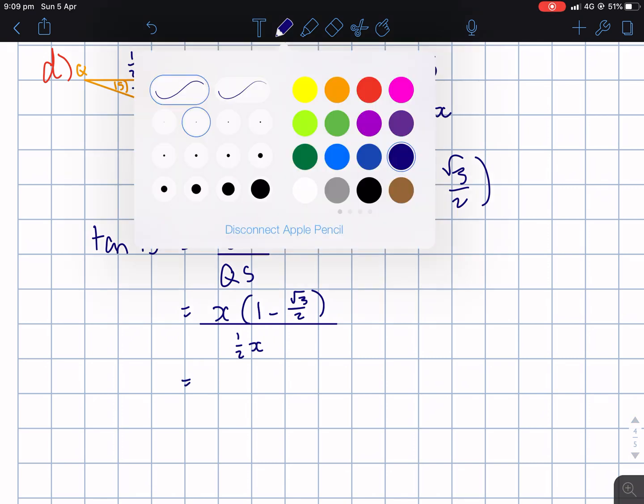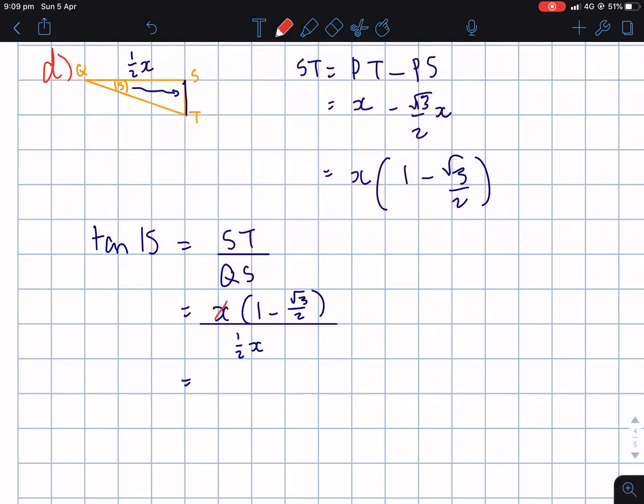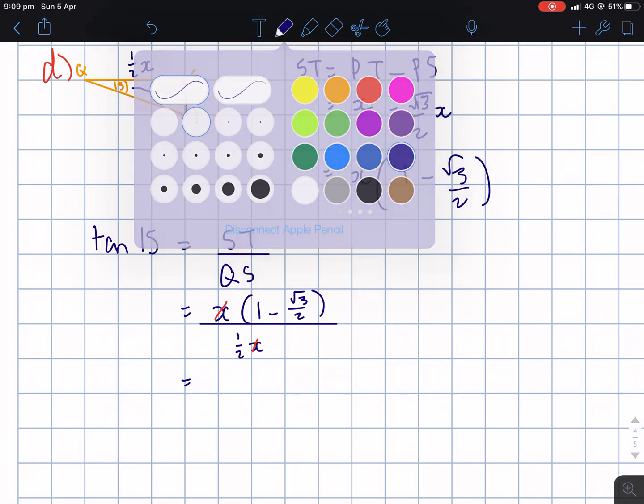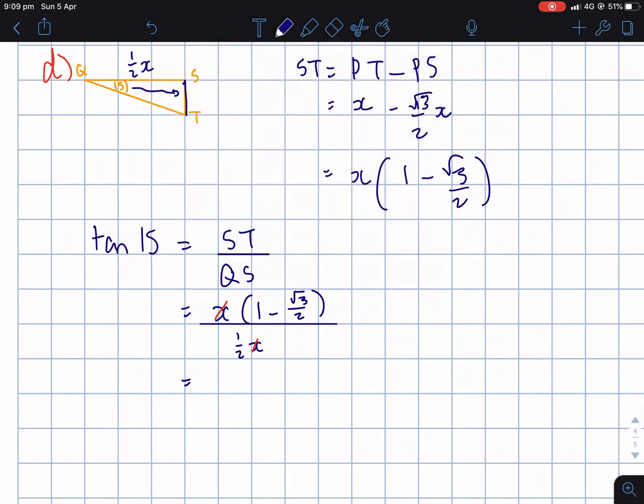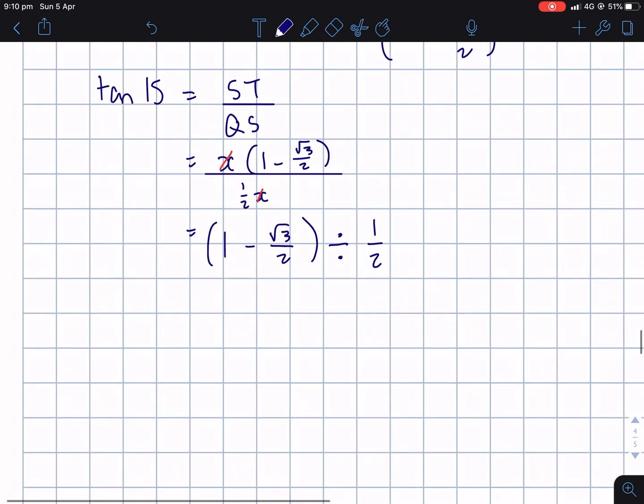But first of all, we have an X top and bottom. So we've got 1 minus √3 on 2 divided by that half on the bottom. I just don't like having a fraction on the bottom, so when I get to things like this, I'd write divides by instead. Now 1 minus √3 on 2, that's the same as, if I cross multiply, 2 minus √3 over 2 divided by a half.